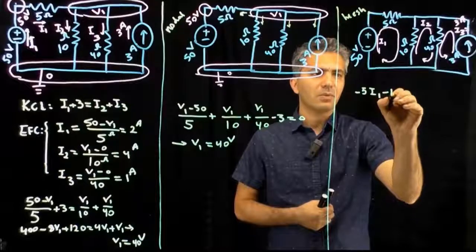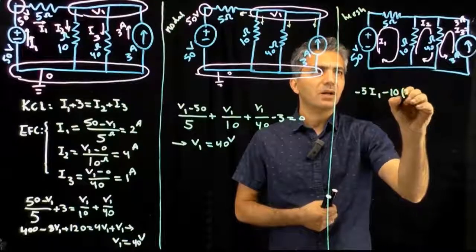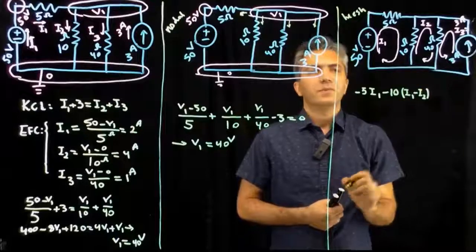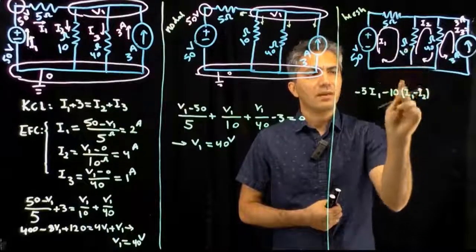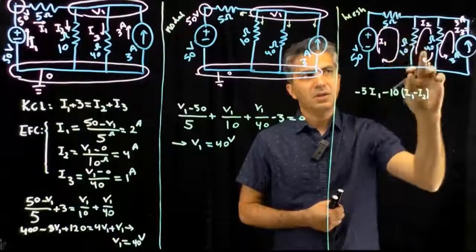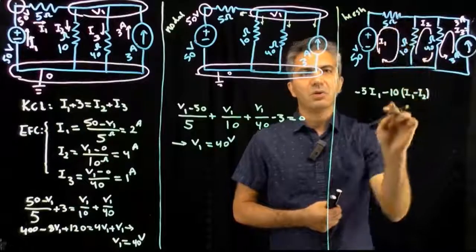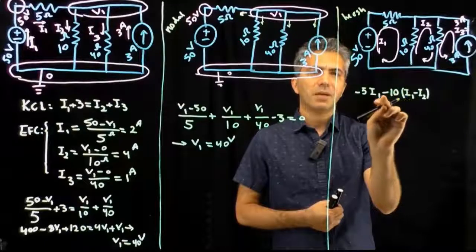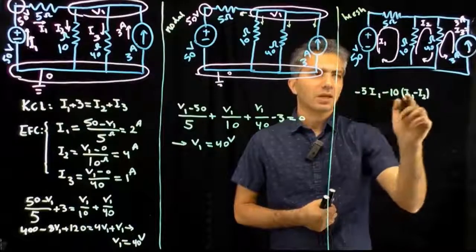So that becomes minus 10 times I1 minus I2. This is the current that is passing through the 10 ohm because the current is I1 going down and I2 going up. So I take the difference, then multiply by the 10 ohm, and then I'm losing that.